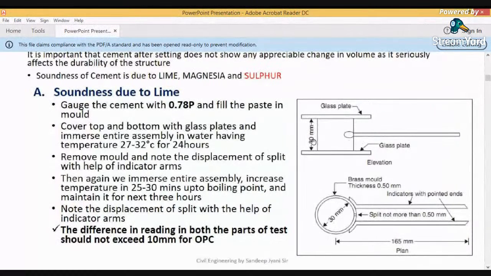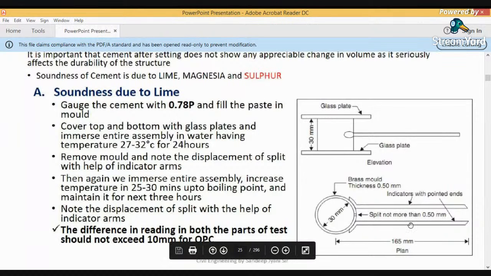Finally we cover the top and bottom with glass plate and put the whole setup inside water at 27 to 30 degrees Celsius for 24 hours. Then we remove the mold.